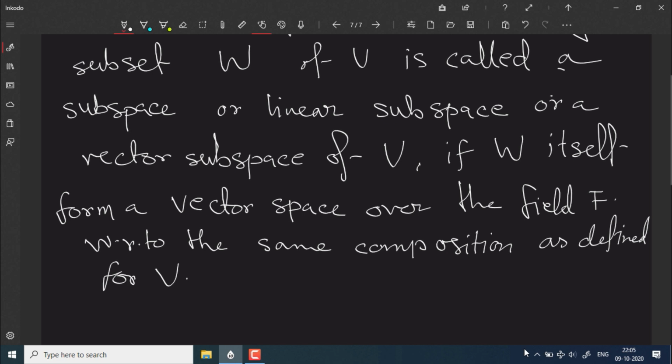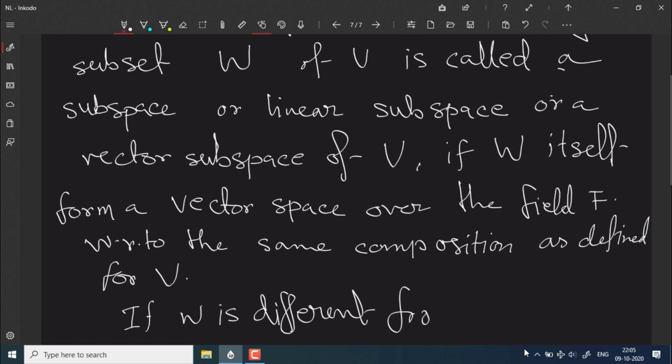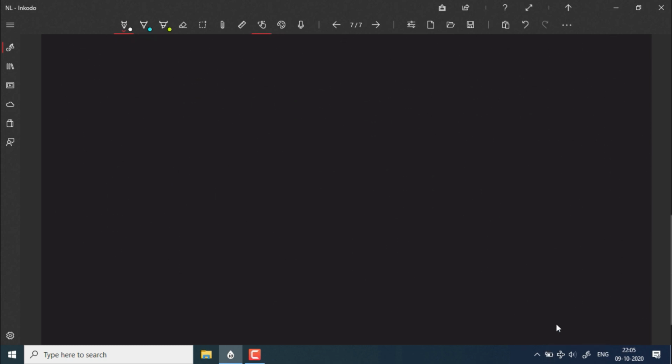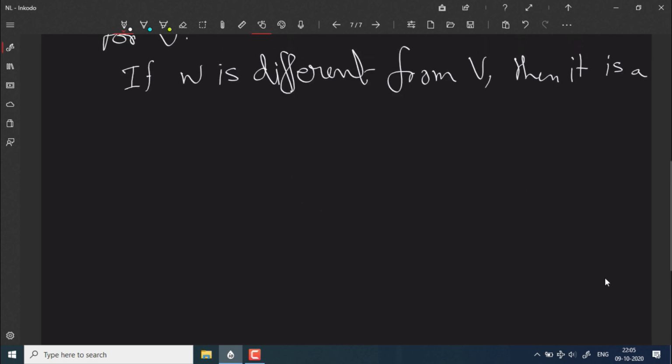What we can say moreover is that if W is different from V, then it is a proper subspace.